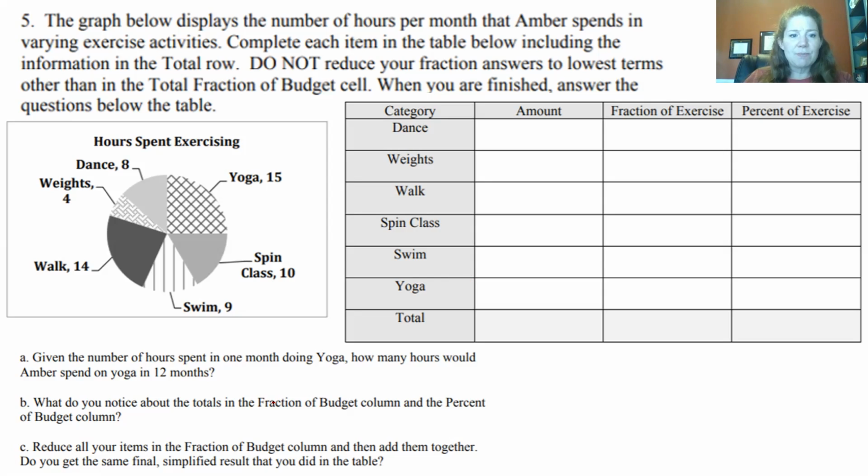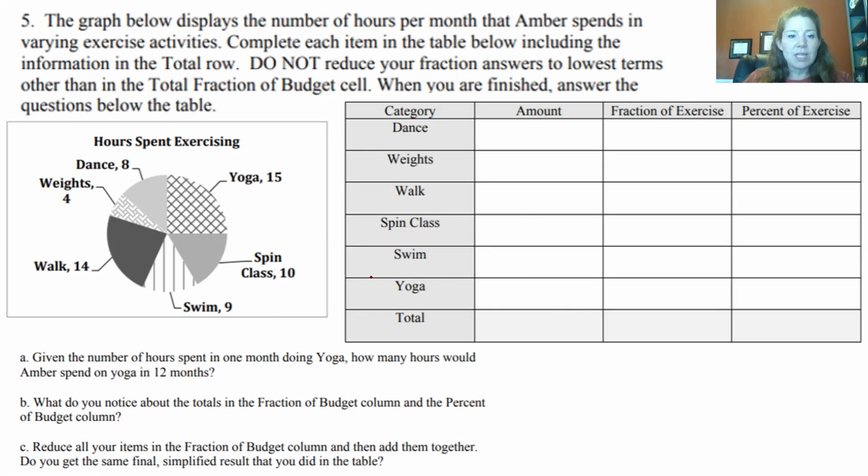All right, so hours spent exercising. So all of these numbers represent hours. It says, given the number of hours spent in 1 month doing yoga, how many hours would Amber spend on yoga in 12 months? So this is how many hours in 1 month. She spends 15 hours in 1 month.